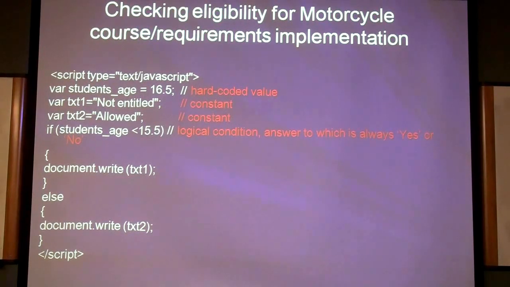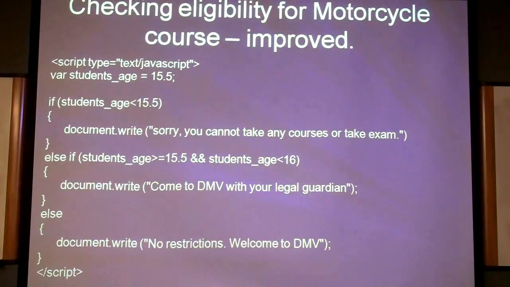So that's the next milestone. If the user is between 15.5 years of age and 16, he should come with a legal guardian, and they have to sign the form DL44, which basically gives their consent to obtaining the motorcycle license for their kid.